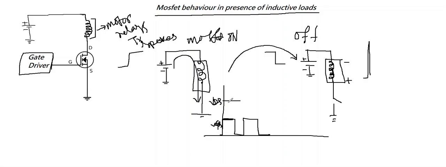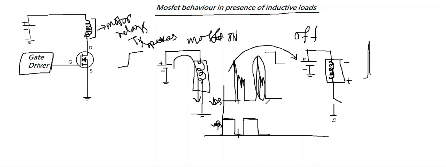But the moment I provide a low or negative pulse, it will have spikes, and it will be ringing, and then again it will settle down. Again, there is a high pulse, so VDS will be zero. Then again there will be spikes. So you see these spikes, this is because of this inductor.